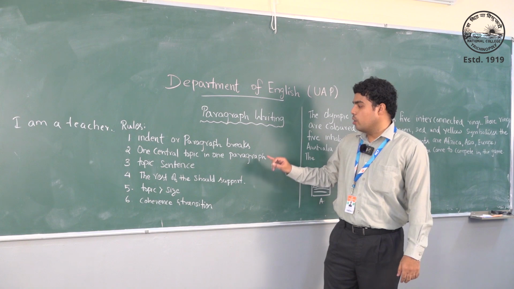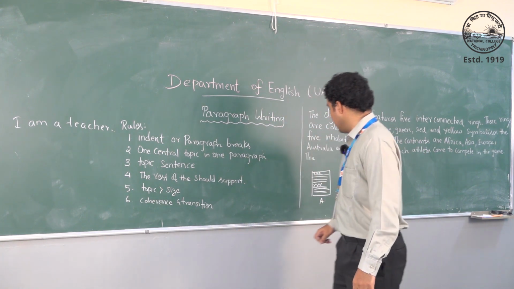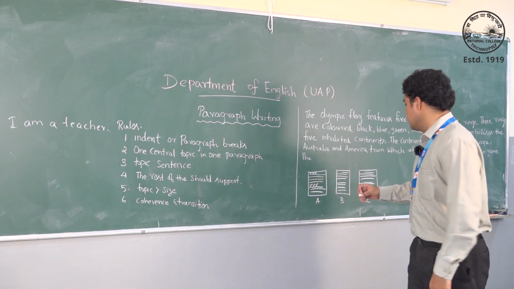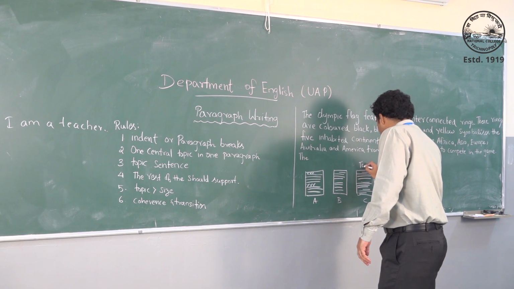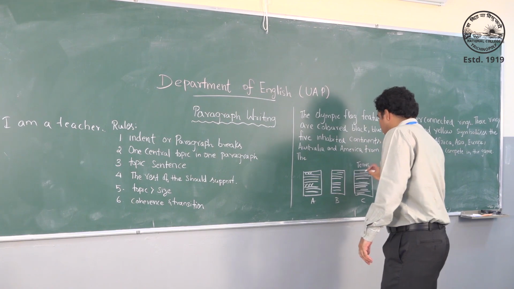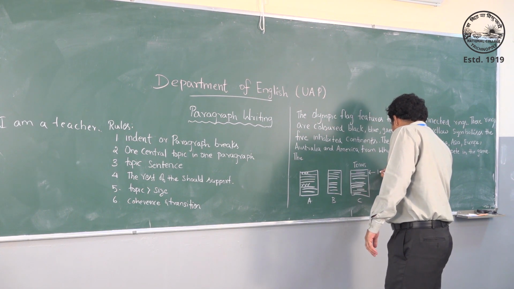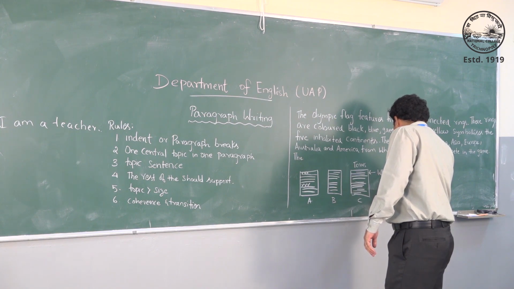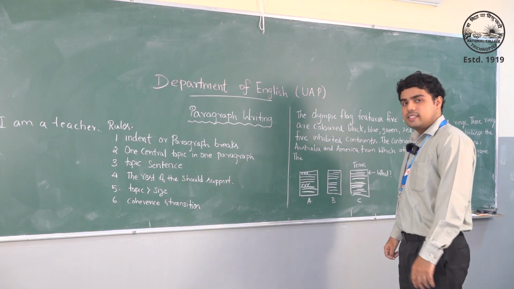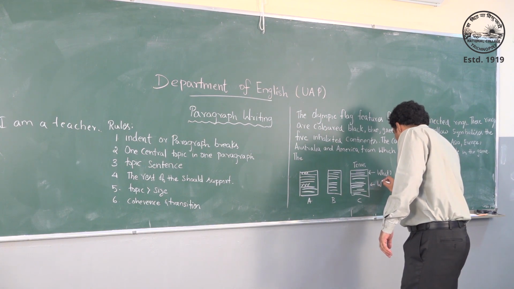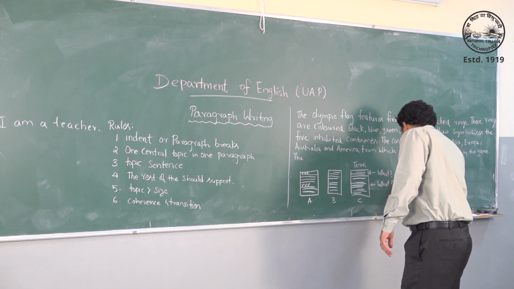One central topic in one paragraph, which means that if you are writing a paragraph about tennis, let's just say this paragraph is about tennis. In the first paragraph, you should explain what tennis is. In the second paragraph, you shouldn't keep on explaining what tennis is.